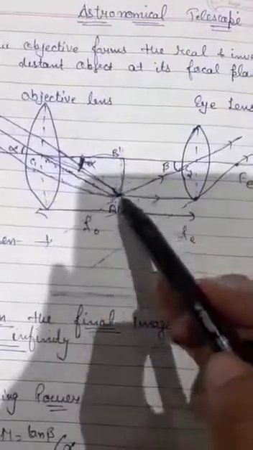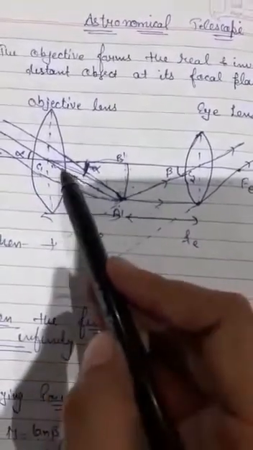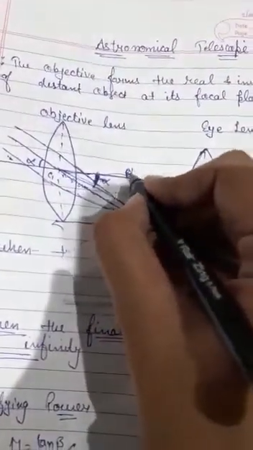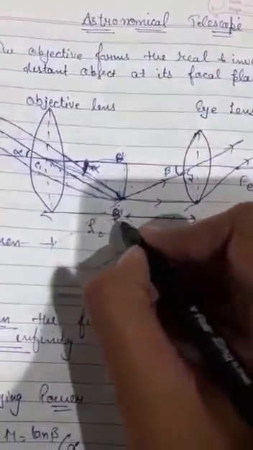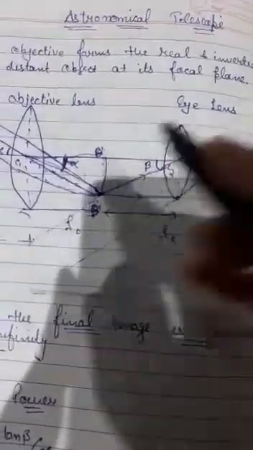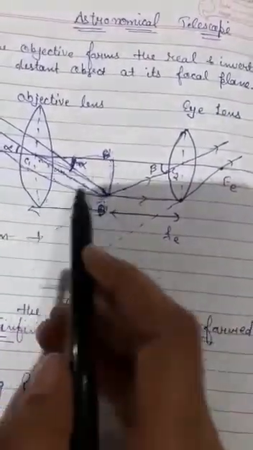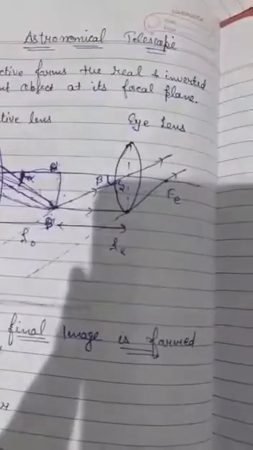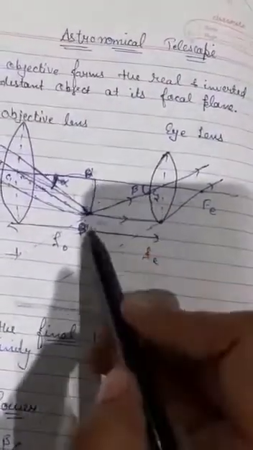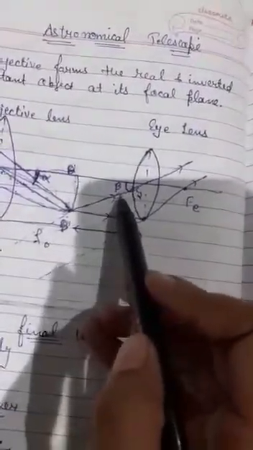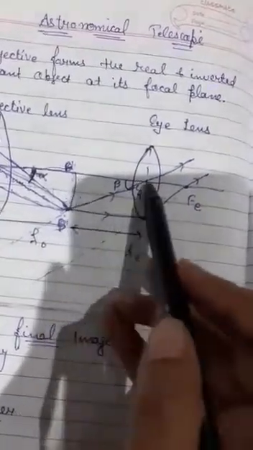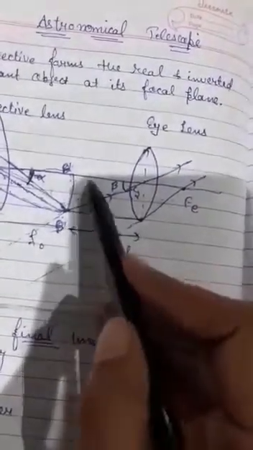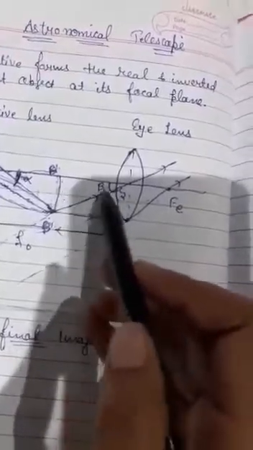Perpendicular is A dash B dash, base is C1 A dash. This is clear. Again from the triangle C2 A dash B dash, beta: perpendicular upon base, perpendicular is A dash B dash, base is A dash C2.